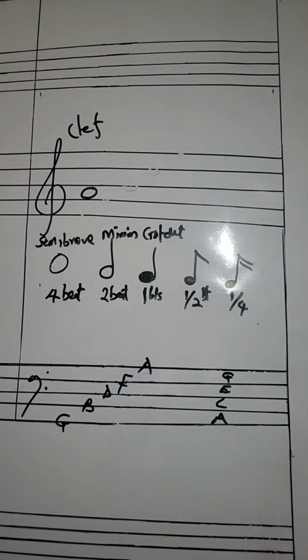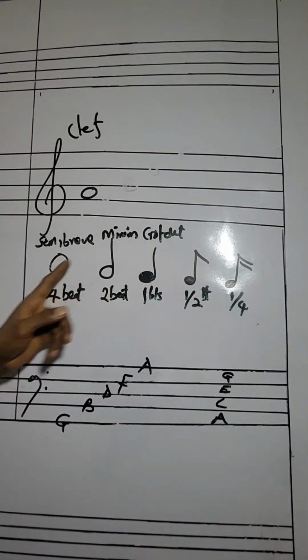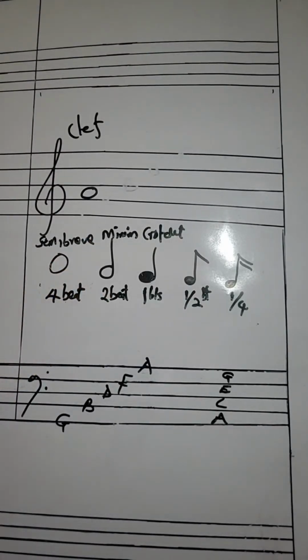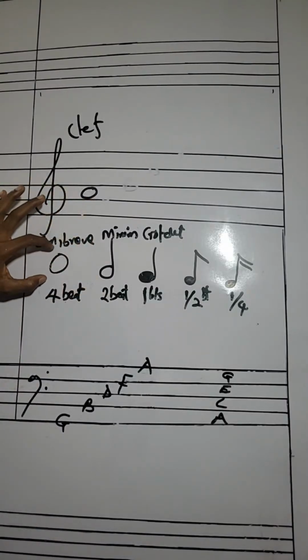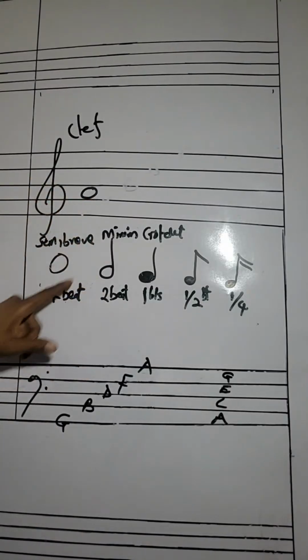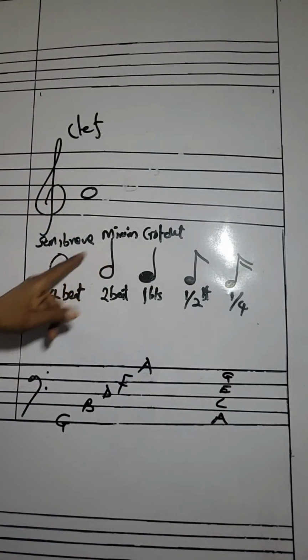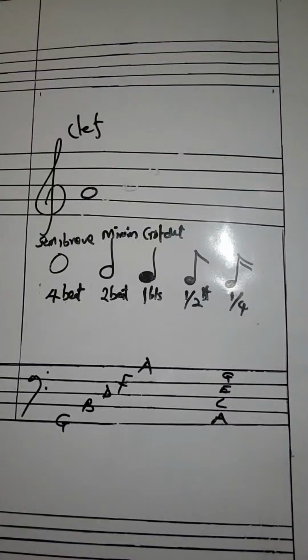That means you're counting it twice. Two minims to 1 semibreve, because half of the semibreve is 2. So you are going to have 2 of these to 1 of these. I want to believe we understand now.